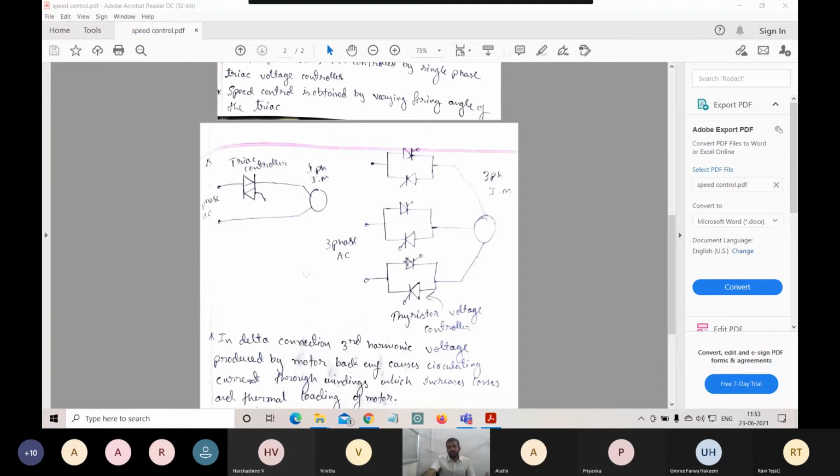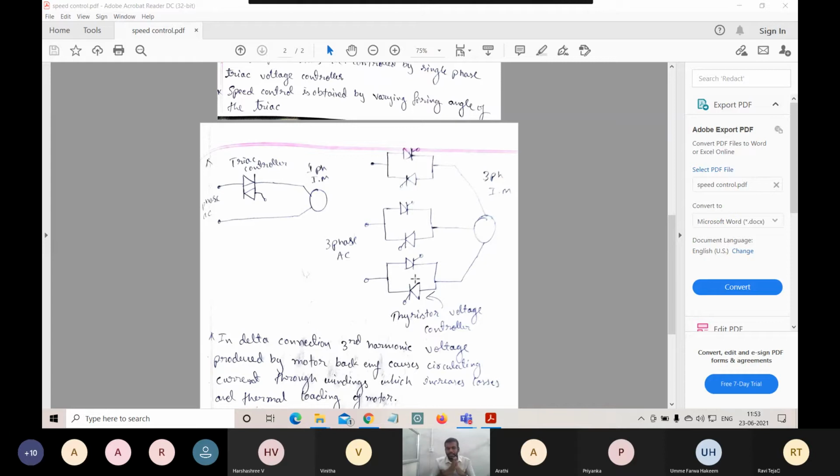So what are these inverters or cycloconverters made up of? These are made up of our thyristor banks, thyristor switches, connected anti-parallel. Thyristors are nothing but our SCR.